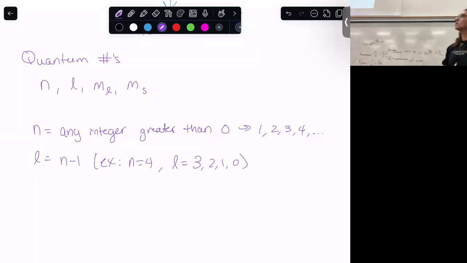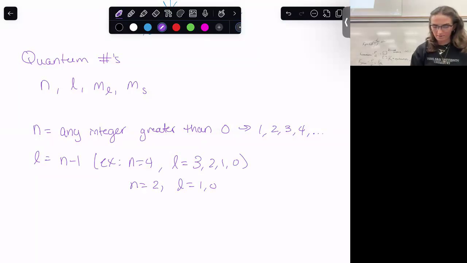The other thing to note is that if n is equal to 4, that's telling you that you have 4 options for L: 3, 2, 1, or 0. If you have n equal to 2, you have 2 options for L: 1 or 0.